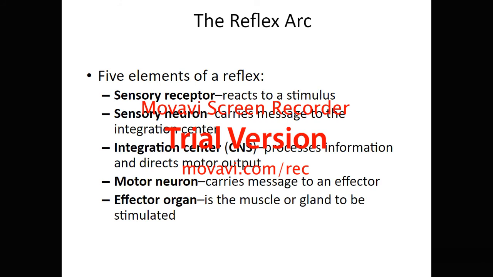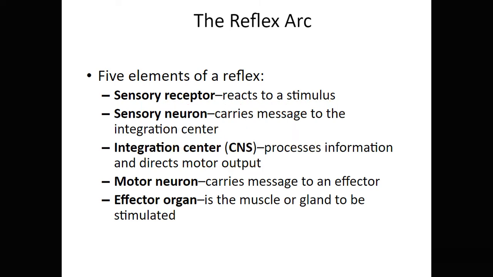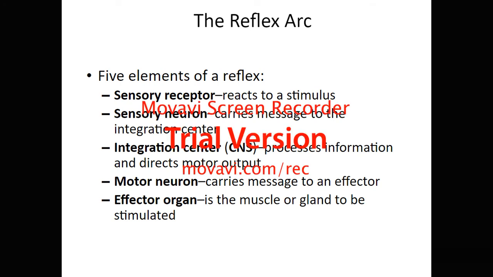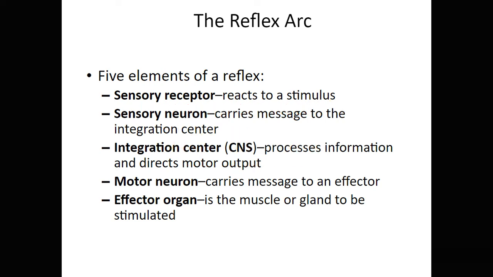This is just written out what we already talked about in the diagram. So again, you have your sensory receptor, could be in the skin, wherever. A stimulus, you hit something, you prick yourself, you burn yourself, whatever, sends a signal. The signal is going to travel through the afferent pathway to the central nervous system, usually the spinal cord or cranial nerves, depending on what part of the body it is.